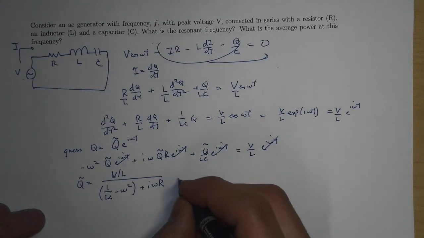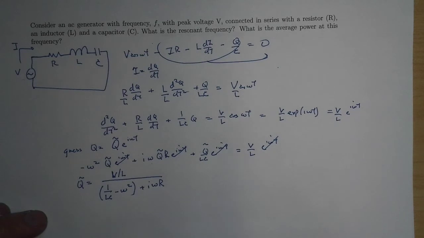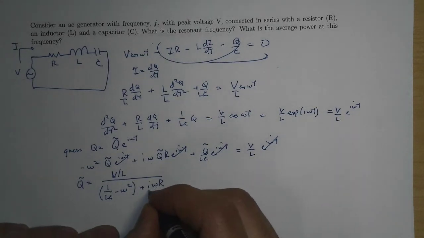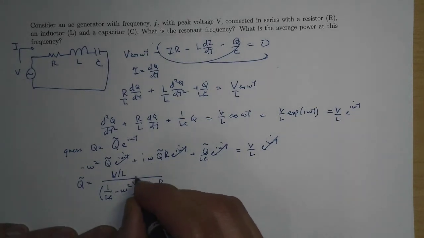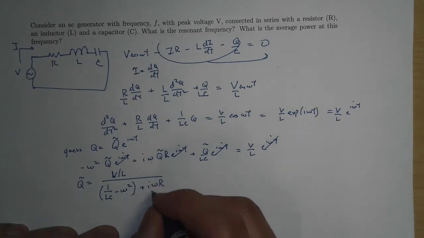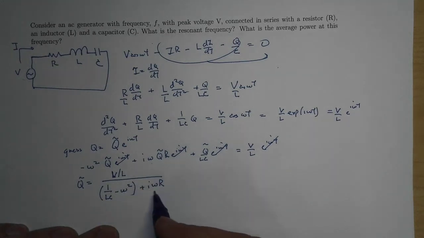Now with this q squiggle, I can write down my solution. In order to make this a little less annoying, I'm going to take this complex part out of the denominator and put it in the numerator.